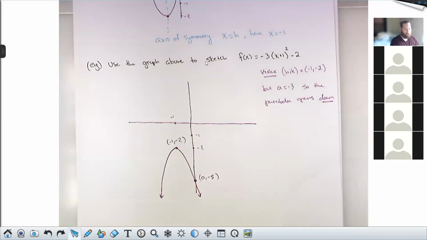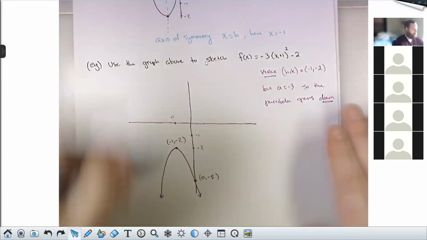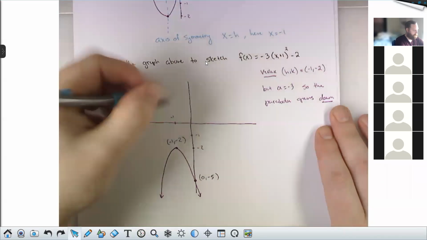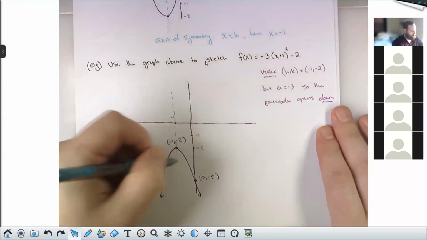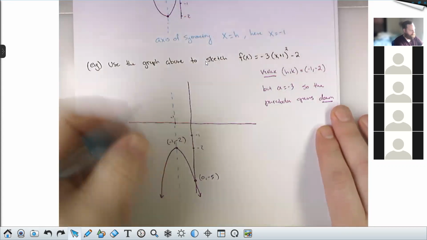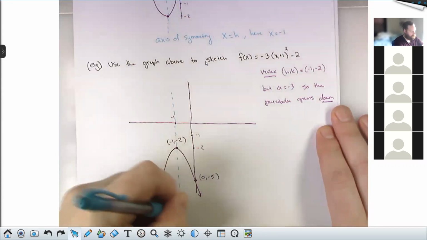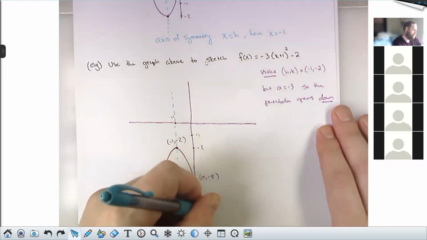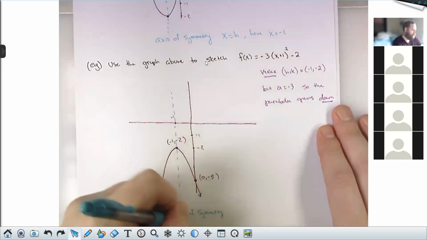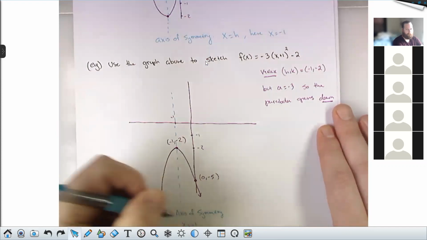And the axis of symmetry hasn't changed. The axis of symmetry here is still the line x equals -1.